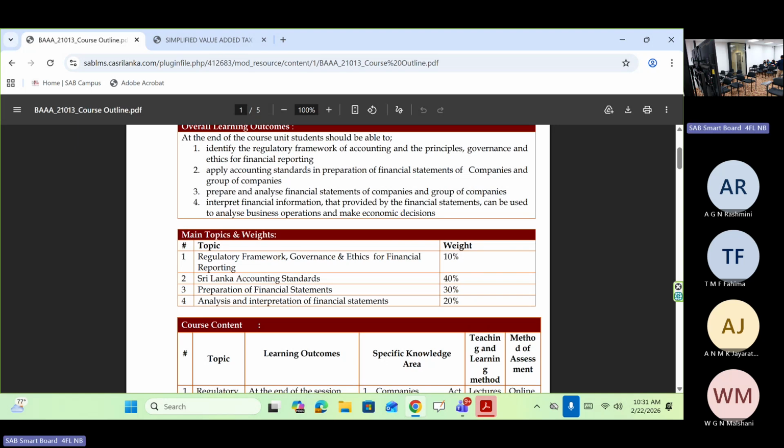The question is about identifiable. That's a word I repeatedly say: if it is an intangible asset, it should be identifiable. Going further, it should be separable. Separately, can we sell it out?